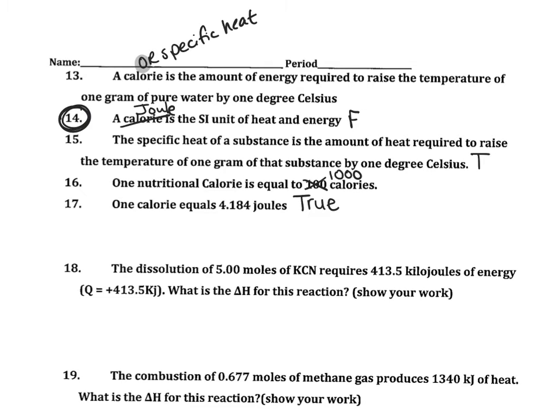I would also want you to know that specific heat of a substance is the amount of heat required to raise the temperature of 1 gram by 1 degree Celsius. The other things that have to do with calories being equivalent to joules, we didn't focus on a lot of that, so I'm not too concerned about those. But 14 and 15 you should have a good understanding of.